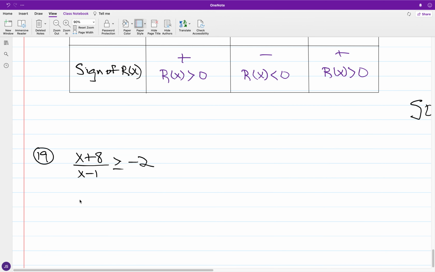And if I convert what I have here as a comparison to 0, the inequality is x plus 8 over x minus 1 plus 2 is greater than or equal to 0. And just like what I had with the variable z earlier, I'm going to be combining these expressions into one.